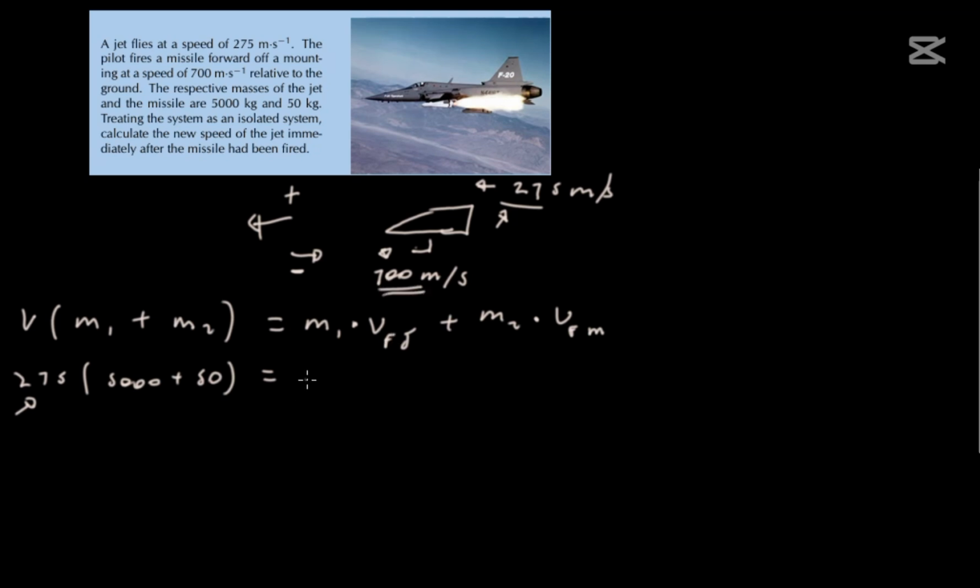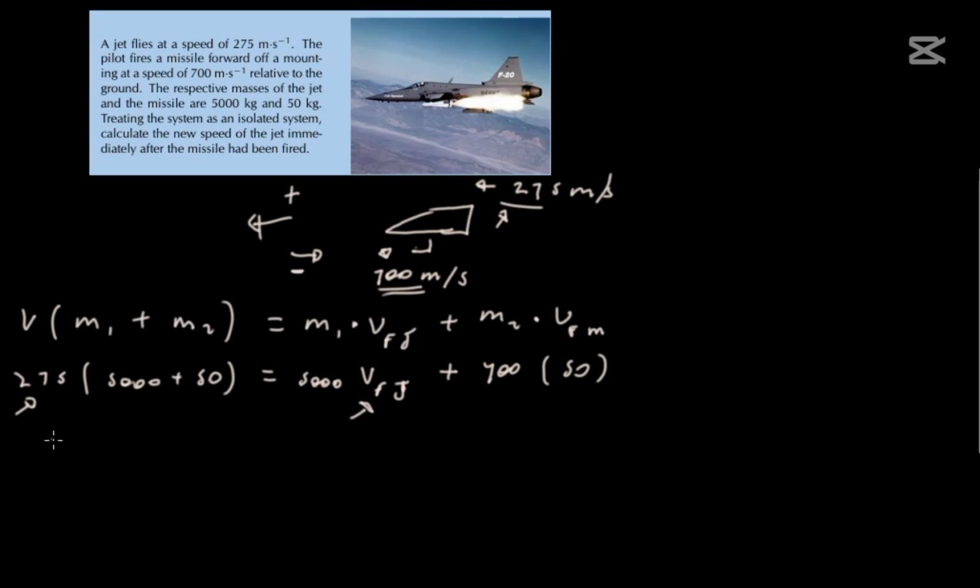So here mass 1 is 5,000 VF for the jet plus, this is what we are looking for, m2 is for the missile, which is 700 multiplied by our mass, 50 kilograms.